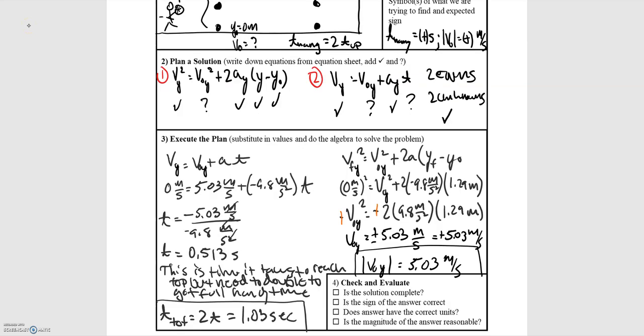So I've gone ahead and worked through the algebra already, and I started with the first equation from our plan, the velocity equation without time involved, to solve for the initial velocity. Substituting everything in and taking the square root, we get an answer of plus or minus 5.03 meters per second as an initial velocity.